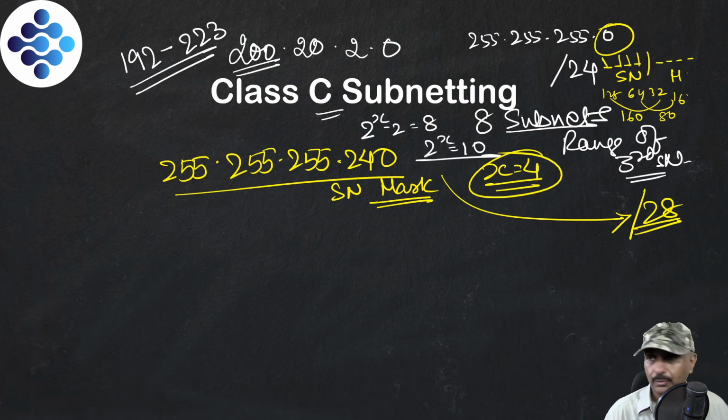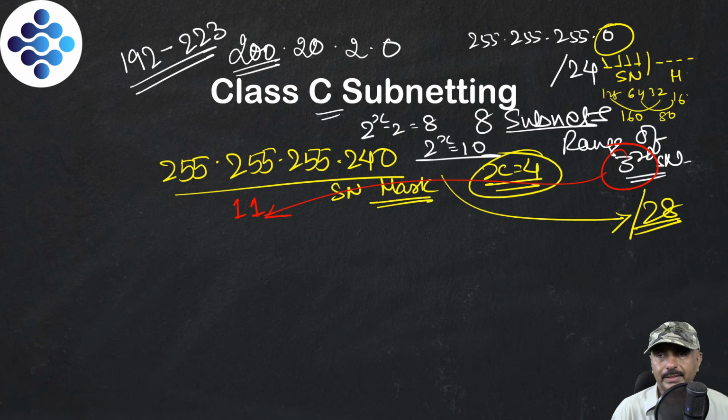Next, we want the range of the third subnet. So easy. Binary of 3 would be 1 1, 2 plus 1 is 3, and we'll place it over here. So we'll place it like 200.20.2. Remember, we cannot touch it because that is the network portion.